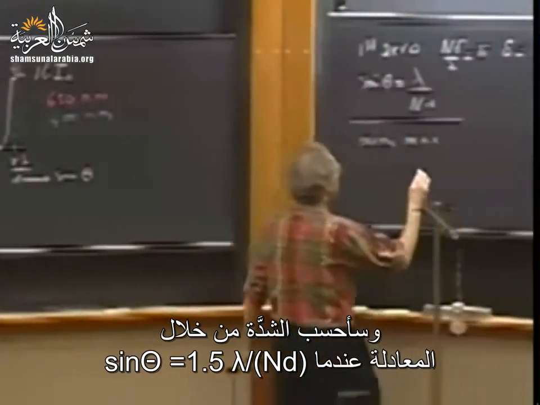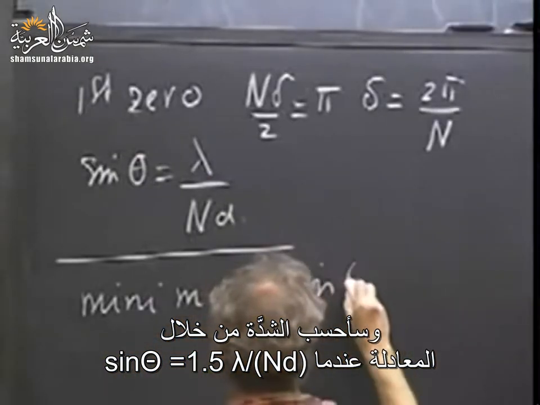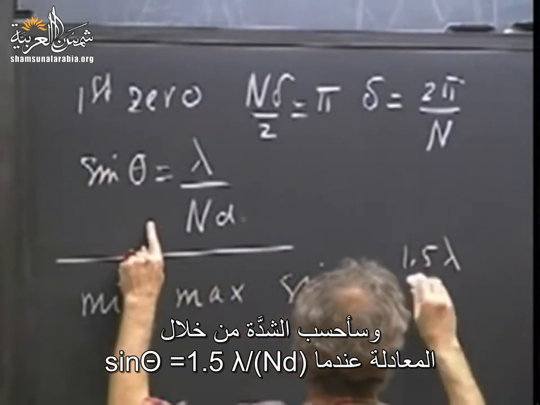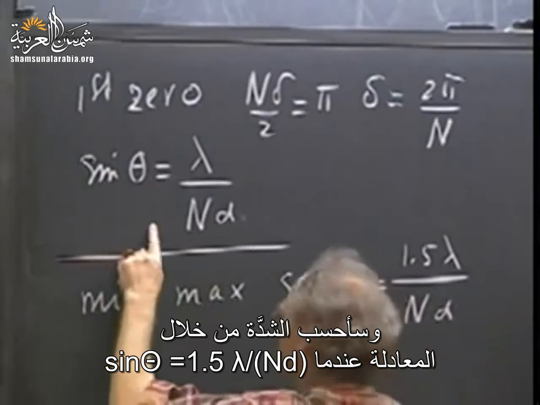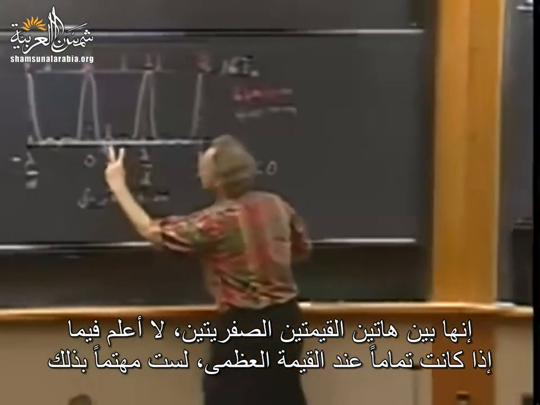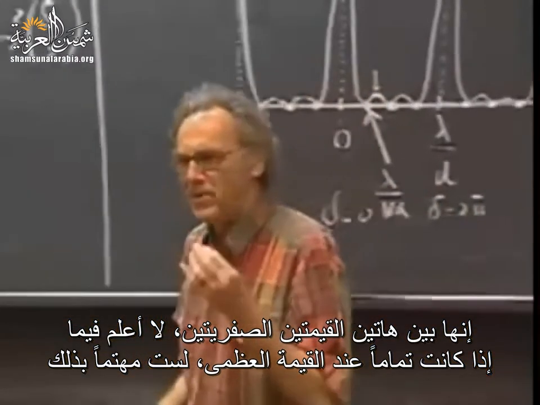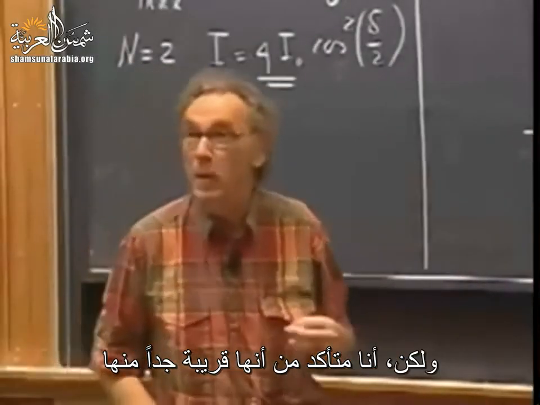So I ask the equation, what is your intensity when the sine theta is now 1.5 times lambda divided by nd? Then I'm right in between these two zeros. Now whether I'm exactly on that maximum, I don't know. I'm really not interested, but I'm sure I'm close.